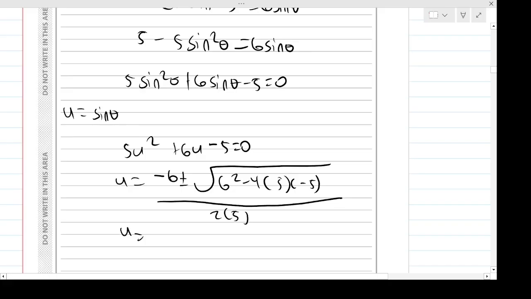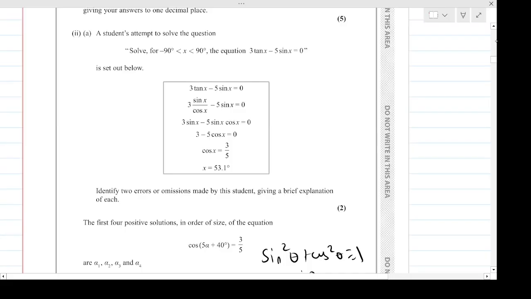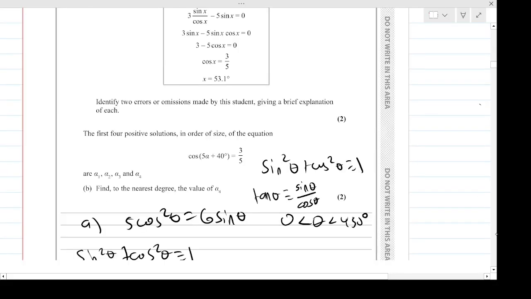So if I solve that, I get, that's interesting, it's not a nice fraction. So I'm going to round my answer.